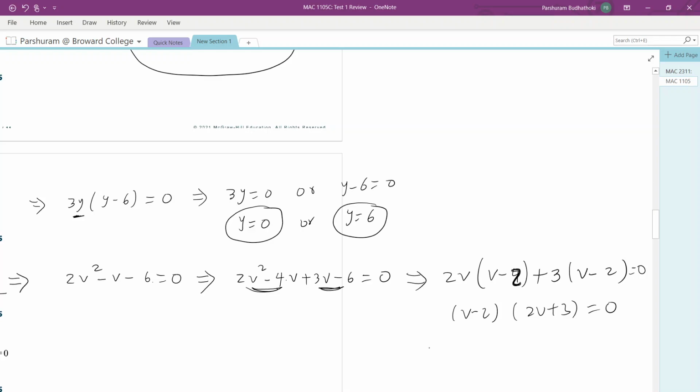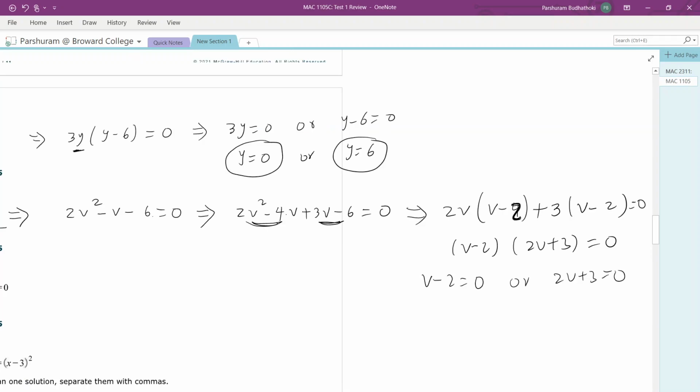I can use the zero product property, so either v minus 2 is 0 or 2v plus 3 is 0. Now I can solve for v. If I add 2, it gives me v equals 2.